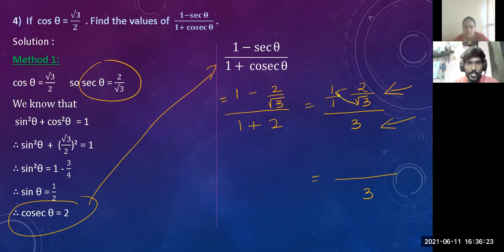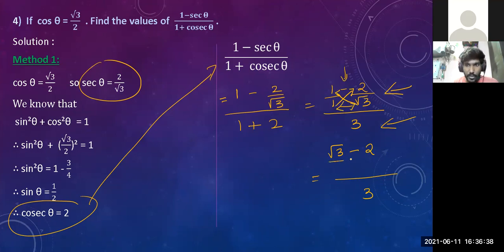First, root 3 into 1, root 3, minus sign, 1 into 2, that is 2. Now, since there is a minus sign in the middle, you have to multiply the denominators also. So upon 1 into root 3, that is root 3. This is how you get root 3 here. Do you understand? Yes. Okay.